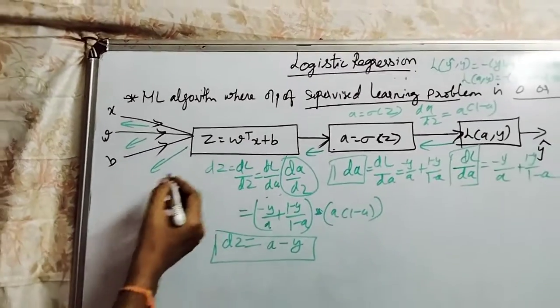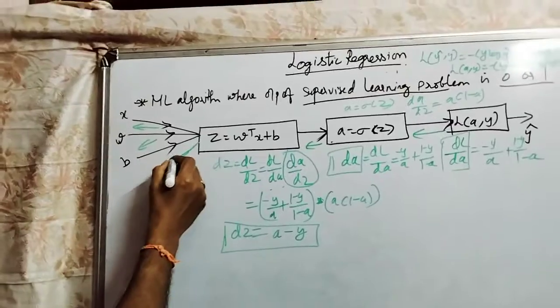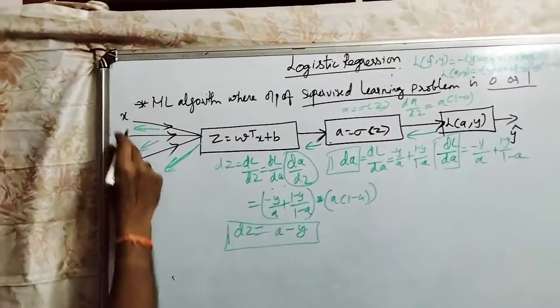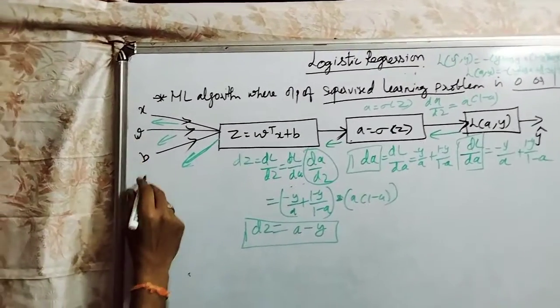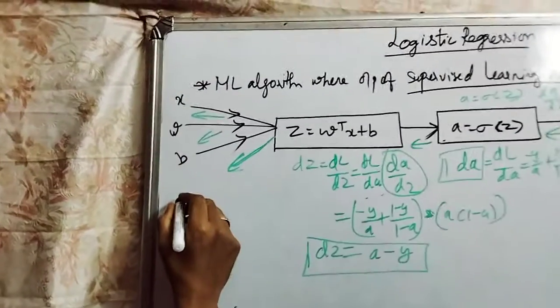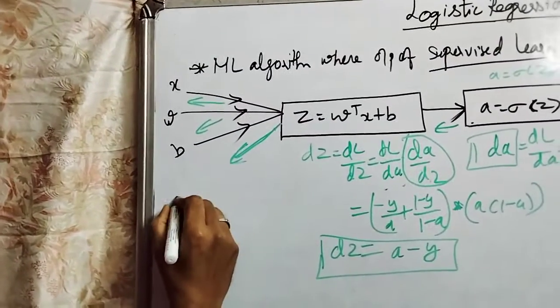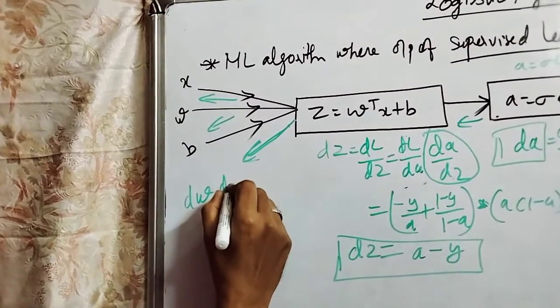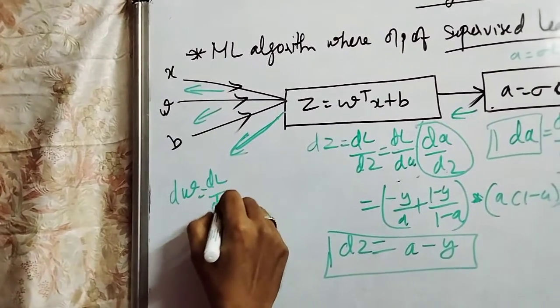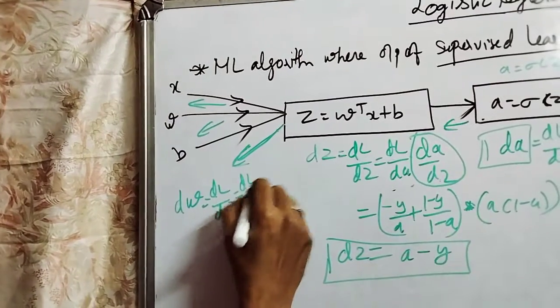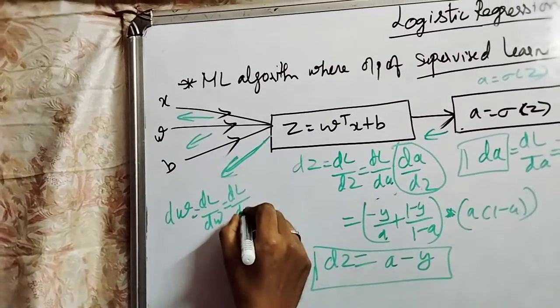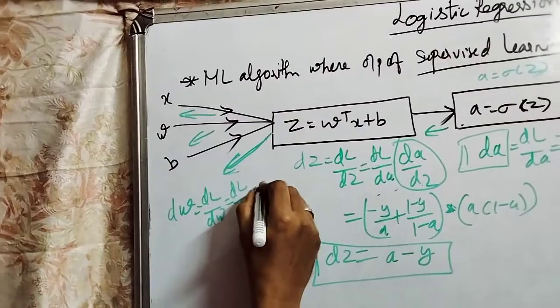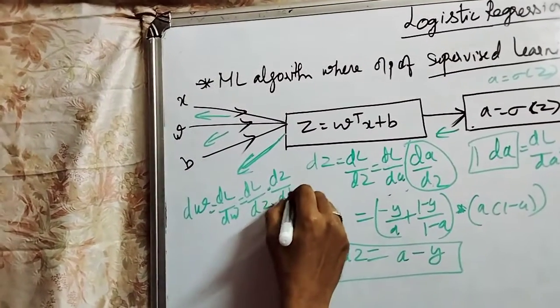Then we are again propagating backwards, and now we are going to derive two values, dw and db. First I am going to derive dw, which is dL by dw, equal to dL by dz into dz by dw. Again I am going to derive db, which is dL by db, equal to dL by dz into dz by db.